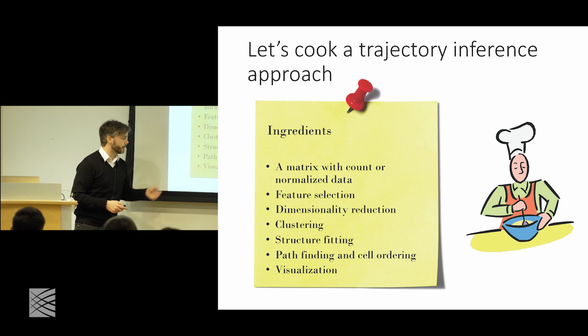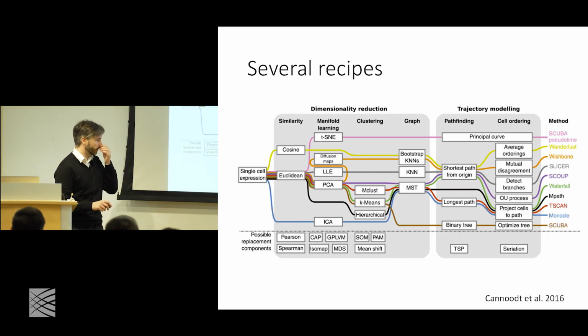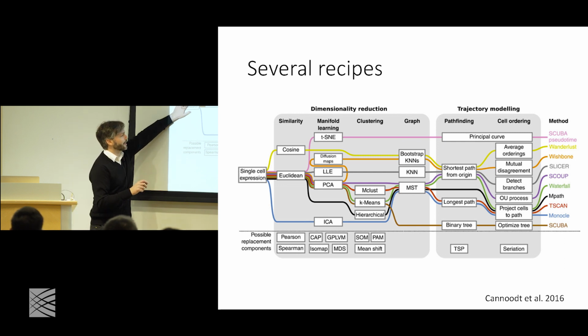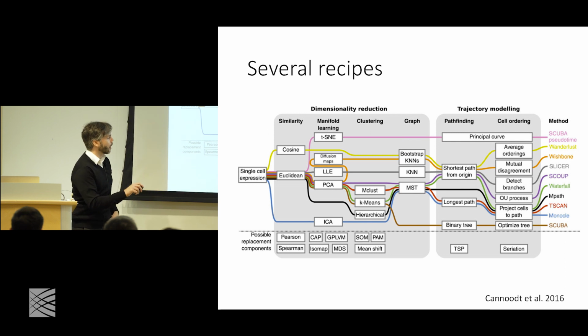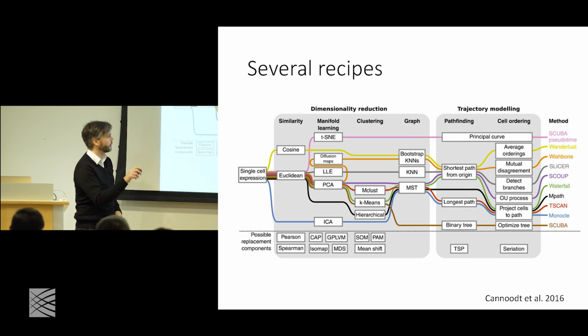So how can we deal with this? And I like this figure from this review paper where they say, okay, this is your gene by cell matrix. These are all the blocks that we know, like cosine, Euclidean distance, and then a bunch of dimensionality reduction, and these are the methods that you get, right? That were published a few years ago.